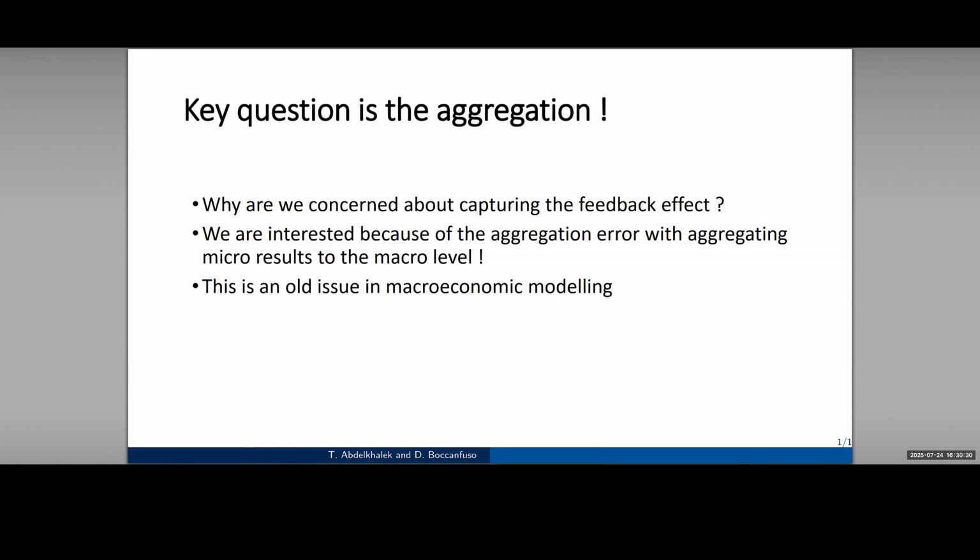If we simulate this reform at the macro level, we suppose that it's exogenous, but in reality it's not exogenous. It's endogenous because it depends on other variables at the micro level. So is it preferable to do the simulation at the macro level or at the micro level?